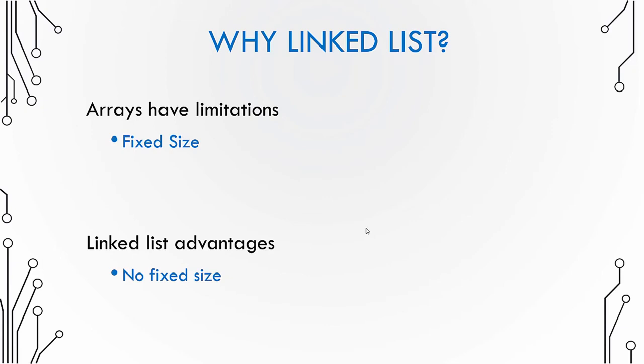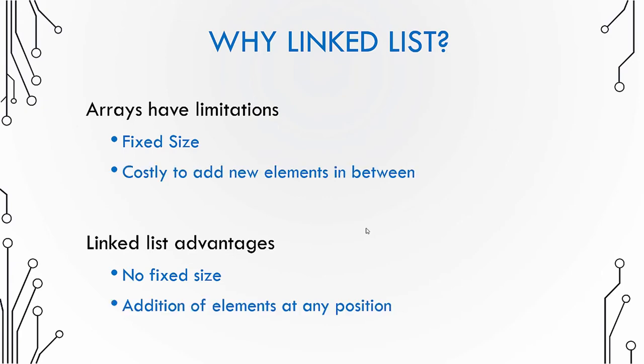Now, whenever you declare an array, you have to give a size to it so that the compiler reserves that much amount of memory for your array. In case of a linked list, you don't need to do this because objects are linked, and we'll see how objects are linked in the next few slides. Now, another limitation of an array is that it is costly to add new elements in between. In case of a linked list, we don't have such a problem.